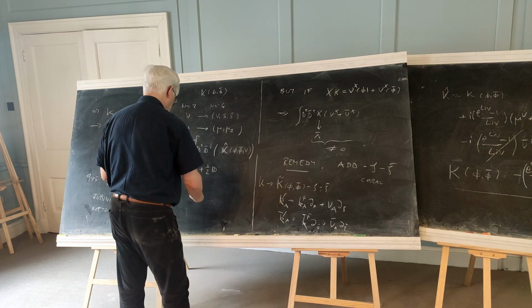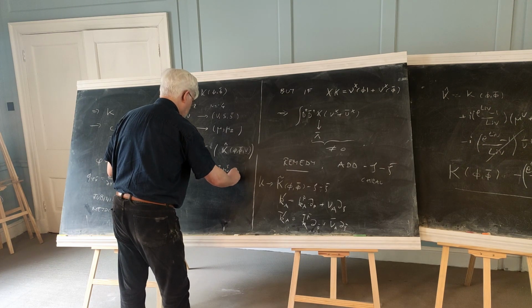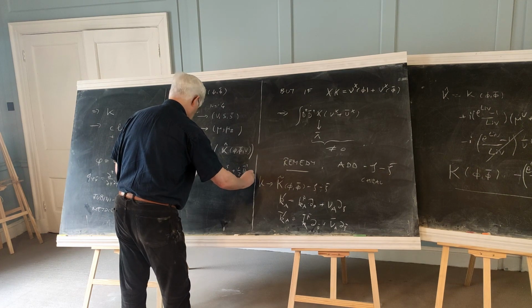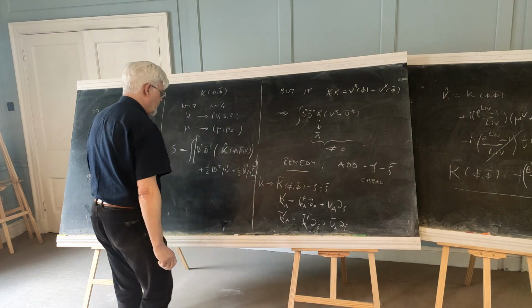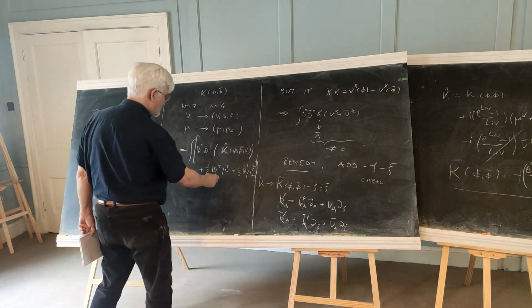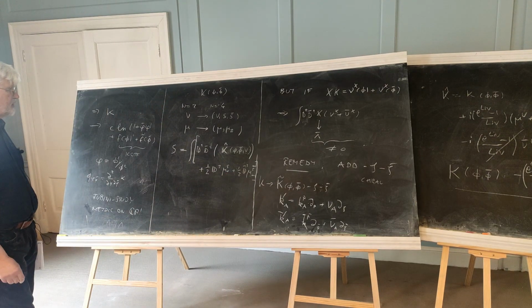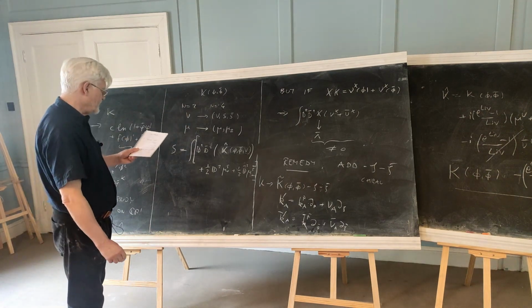Let me write it. D squared mu plus S plus a half D bar squared mu plus mu minus S bar. So these are the extra terms you have to add to make the action invariant under four supersymmetries.